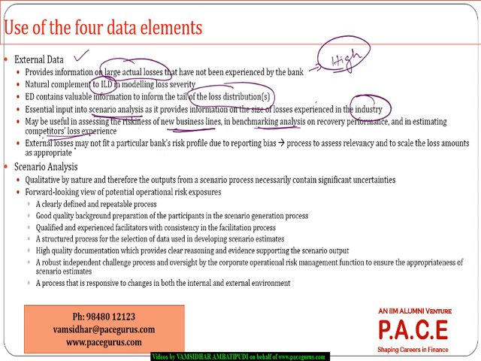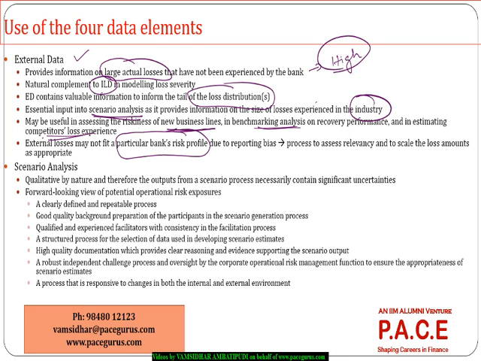And external losses may not be in line with the risk profile of a particular bank, right? So that could be one of the limitations. So there should be a very clear-cut process to really assess how relevant this external data is to the risk profile of the bank.